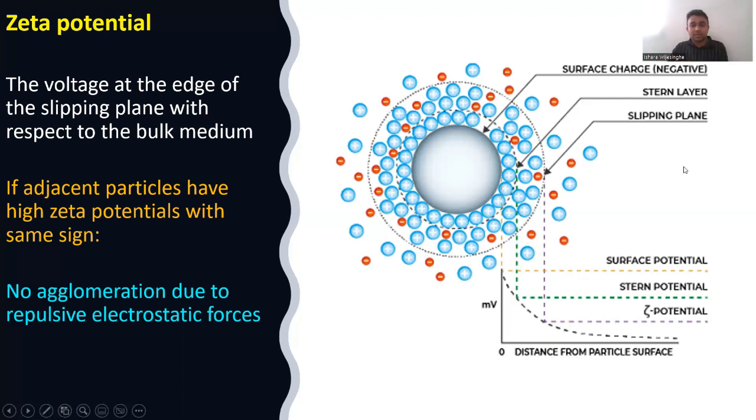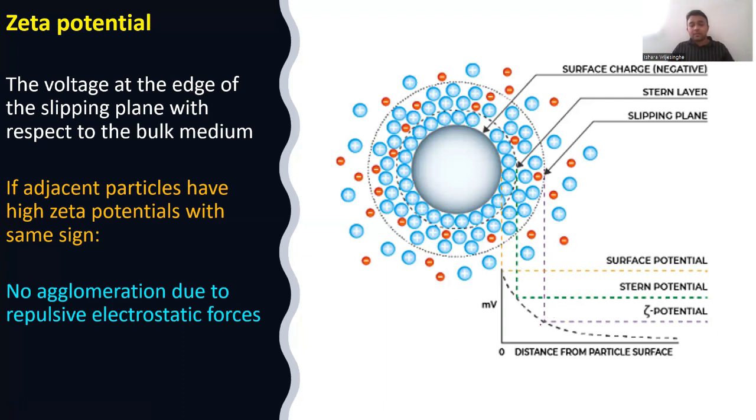Potential decreases. You may have learned these under electrical fields or gravitational fields in your A levels also. So at the surface, this is called the surface potential, measured in millivolts. The potential energy or the voltage of the stern layer is called the stern potential, and that of the slipping plane is called the zeta potential.